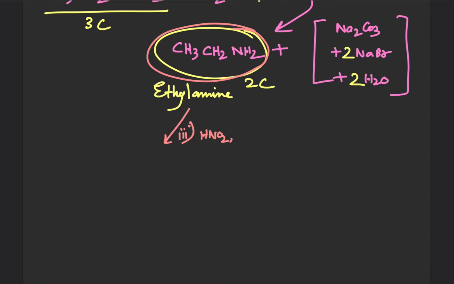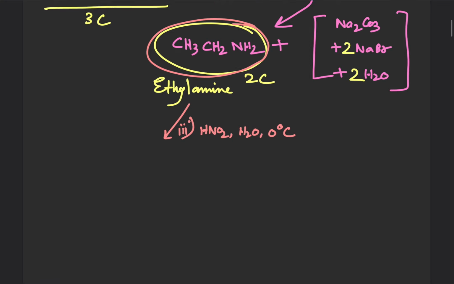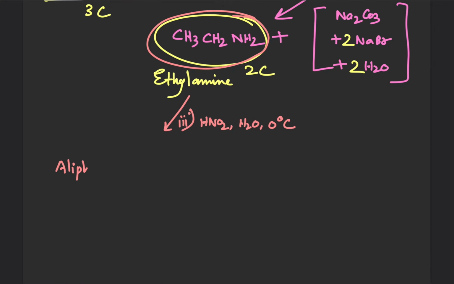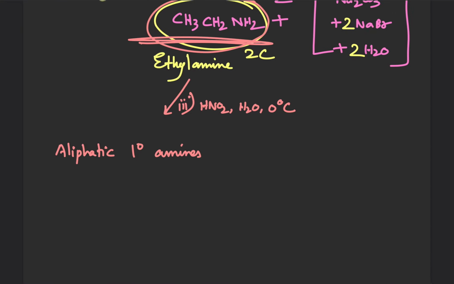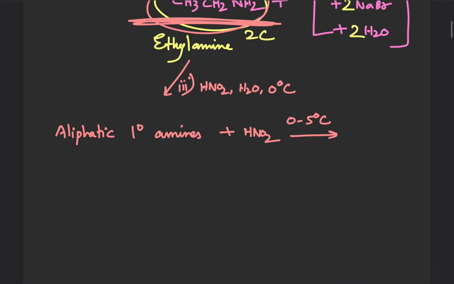Then ethylamine is reacting with the third set of reagents, that is HNO2 and H2O at 0 degrees Celsius. We should know that aliphatic primary amines, very important, for example ethylamine, in our case CH3CH2NH2, react with cold nitrous acid, that is HNO2, at 0 to 5 degrees Celsius to form alcohols, important, with the evolution of nitrogen gas.